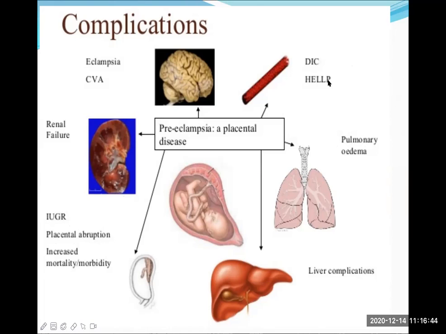There may be HELLP syndrome: hemolysis, elevated liver enzyme, and low platelet. There may be pulmonary edema, and there may be liver dysfunction. It's a part of HELLP syndrome. We already talked about it. So though it is a placental disease, it may start from the placenta, but later on, most of the organs of the body are affected.